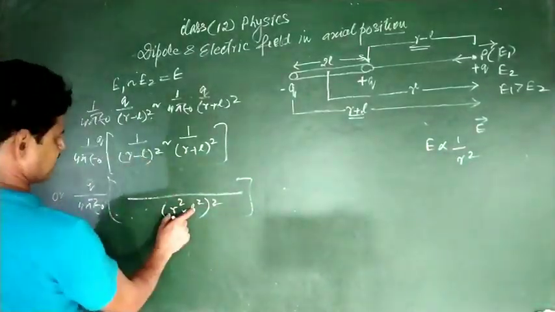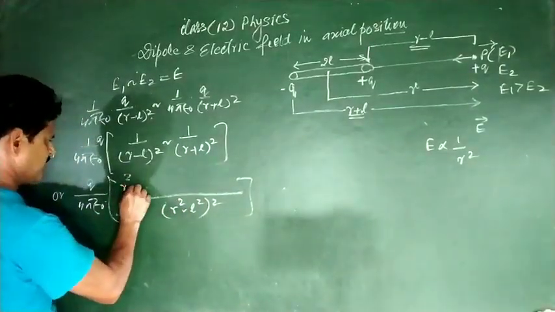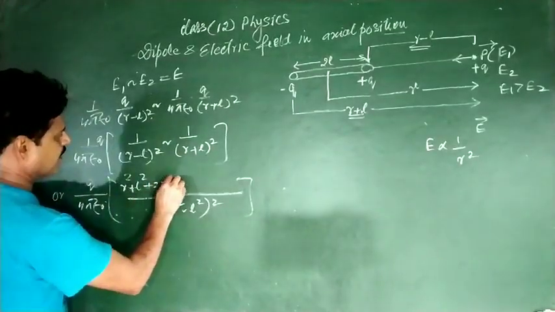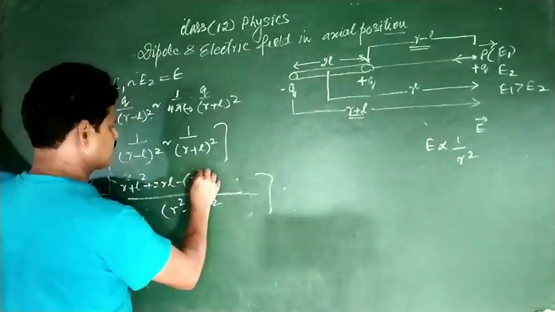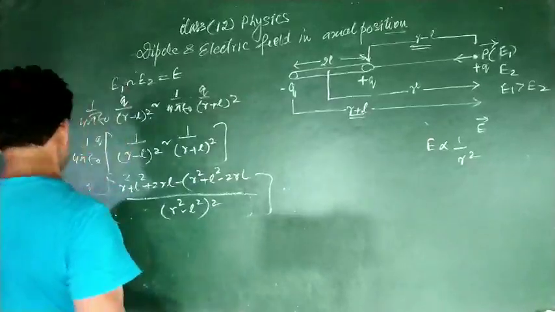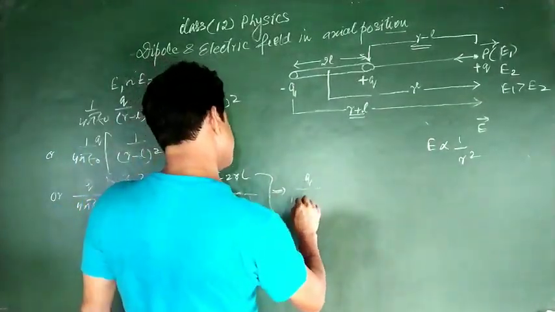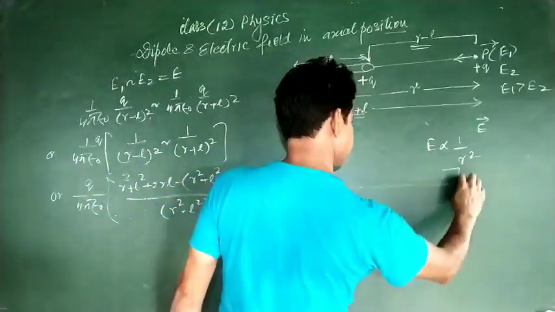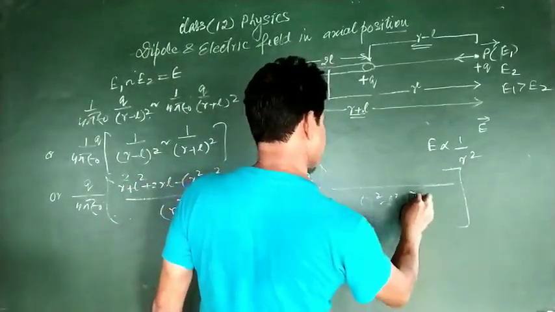On expanding, we get (r square plus L square plus 2rl) minus (r square plus L square minus 2rl), ultimately q divided by 4 pi epsilon 0 (r square minus L square) whole square.